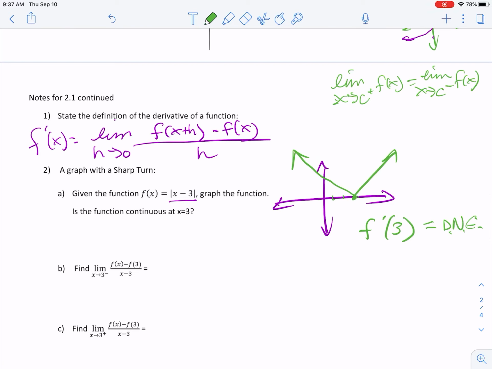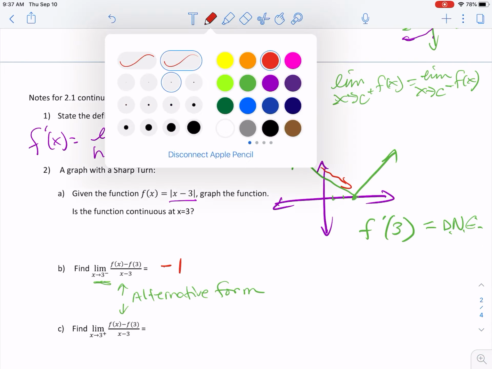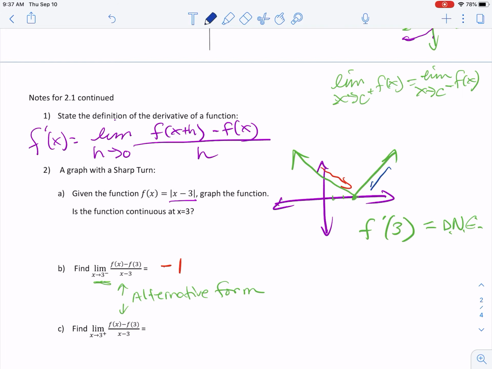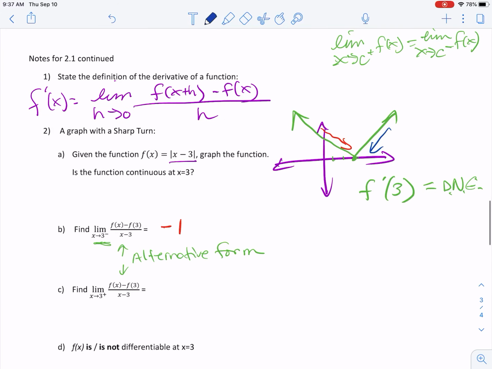So if you think about it, this is the alternative form. We're going to talk about that in our next lesson. So we're going to ignore that and just use our brains. Okay, if it's coming in from the left, it means I'm coming this way. What's the slope of that line? It's -1. Okay, if I'm coming in from this side, from the right side, it's +1.